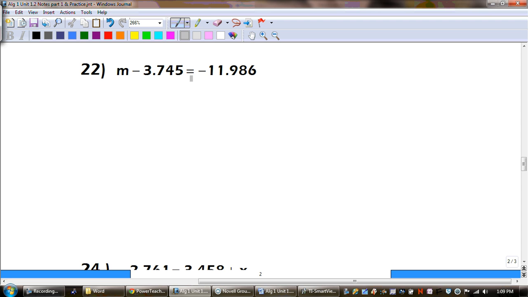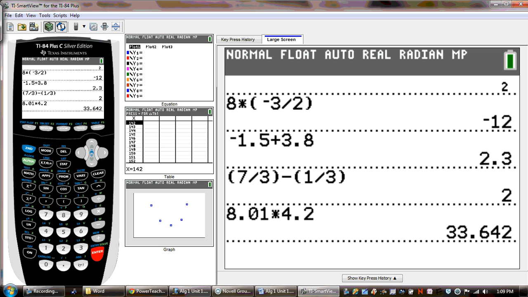All right, 22. Find your variable. We are subtracting, so the opposite of subtraction, the inverse, is addition. So we're going to add that to both sides. What you do to one side, you have to do to the other. Okay, so be very careful on your calculator.